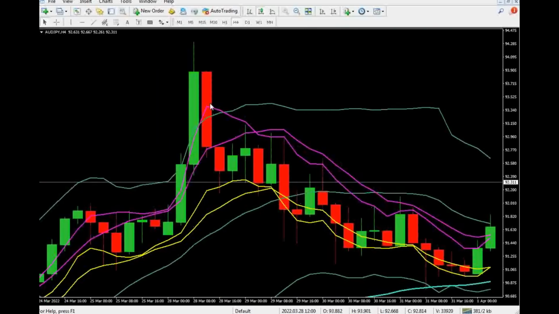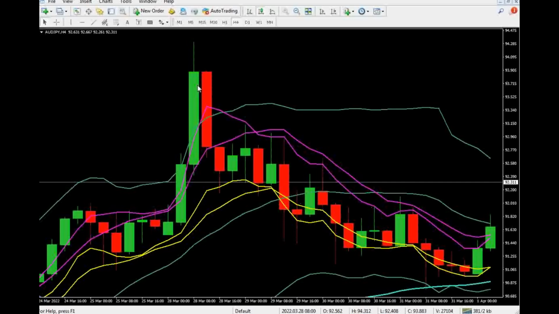Okay, this in here. The first characteristic is the candle closing out of the upper Bollinger Band. Second, the moving average moving out of the upper Bollinger Band.